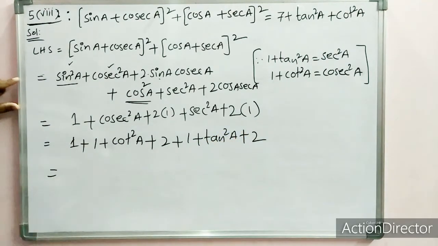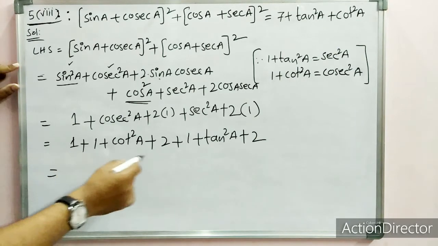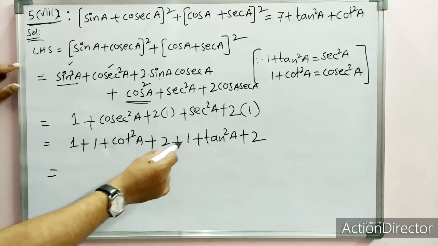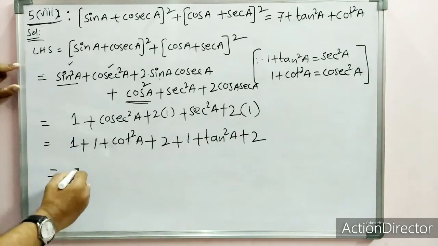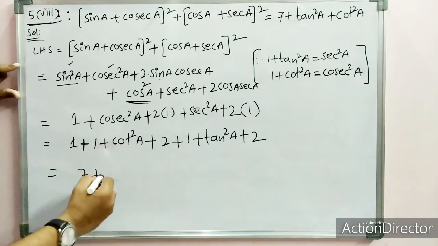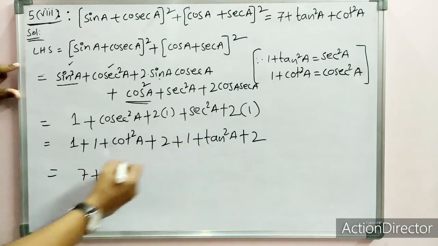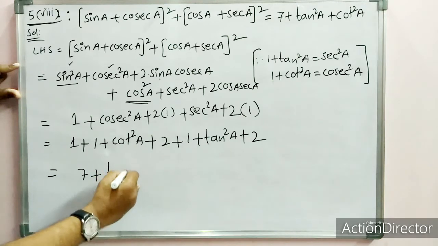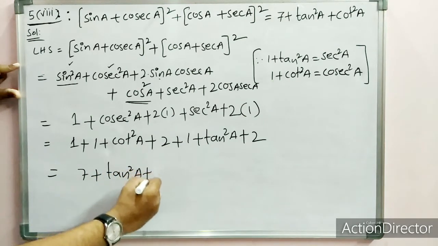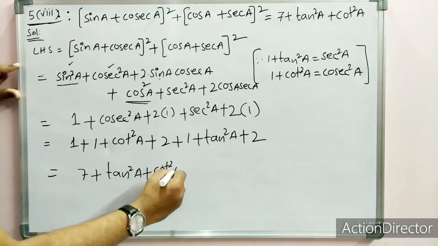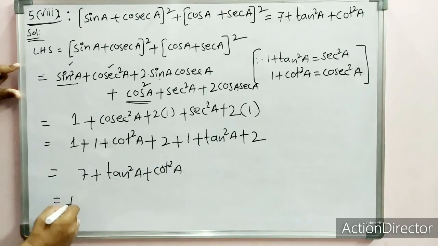Now 1 plus 1 is 2, 2 plus 2 is 4, 4 plus 1 is 5, 5 plus 2 is 7. Write in order: first tan square A plus cot square A plus 7. So this is the required RHS.